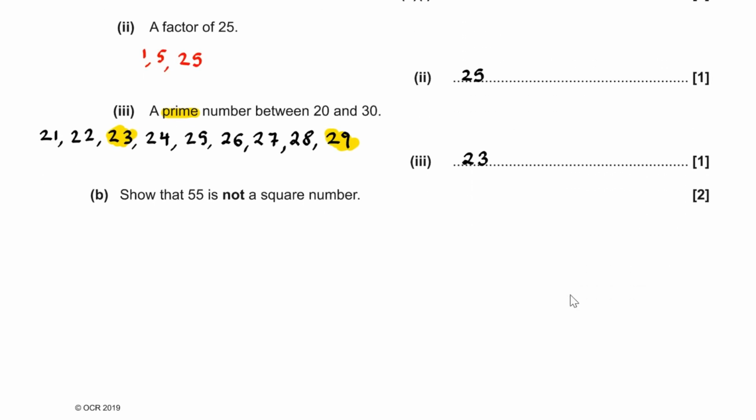And now for part B, we have to show that 55 is not a square number. Well, if 55 were to be a square number, that means the square root of 55 will give us a whole number.